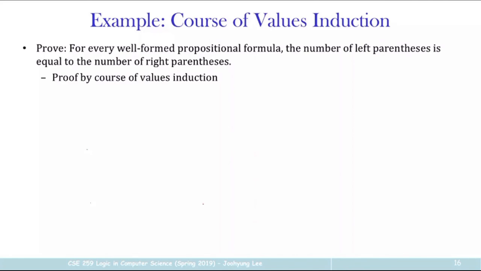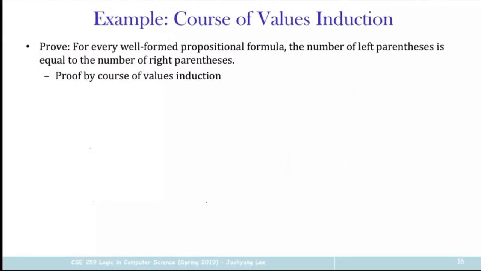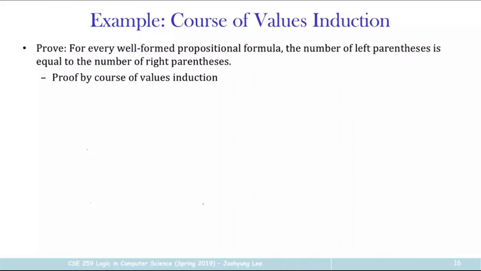So the claim is, if you take any propositional formula, there's always an equal number of left and right parentheses. Maybe this is too obvious, but it's not that obvious to prove. Before we prove this, I'm going to introduce some notation.